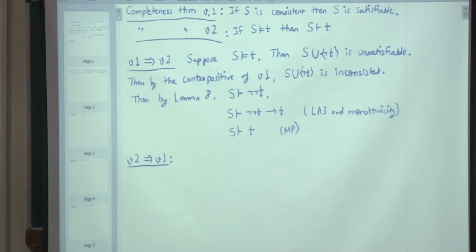We had a contrapositive of this statement, like negation V1 implies negation V2. Negation V1 means V1 fails, so S is not satisfiable, but it is consistent. S is unsatisfiable and it is consistent, okay?